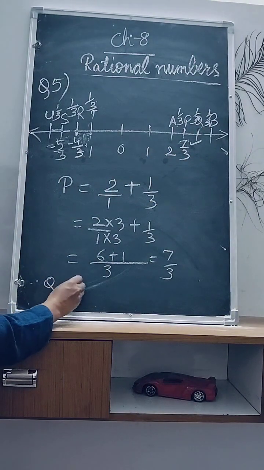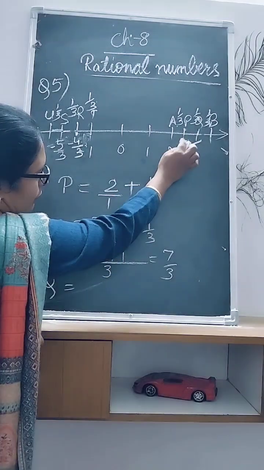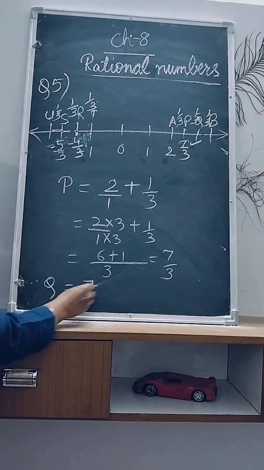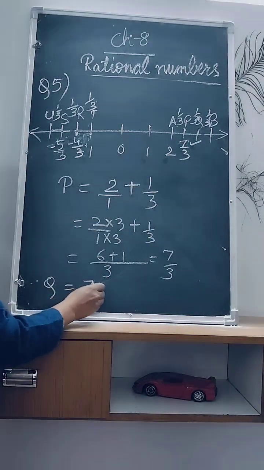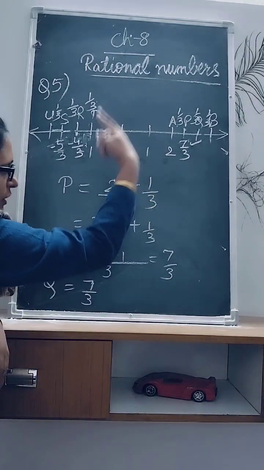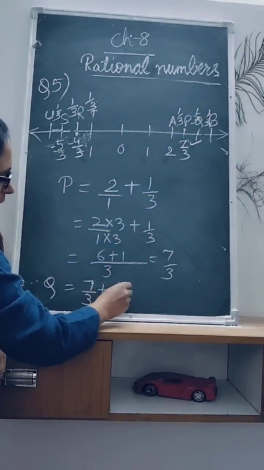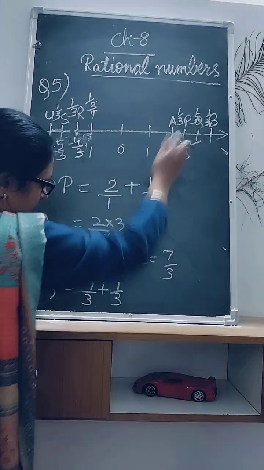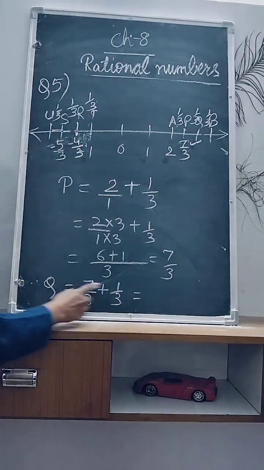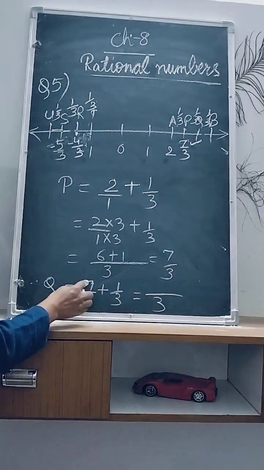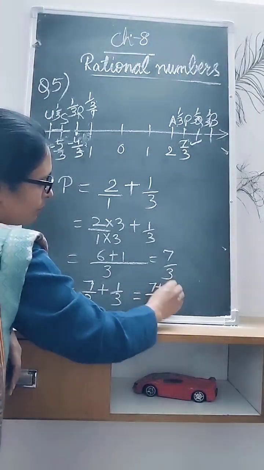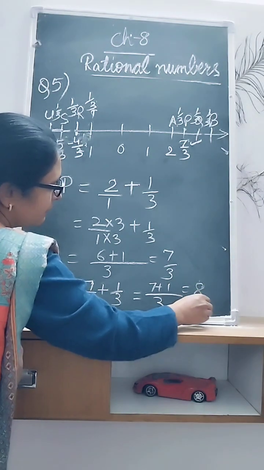Now the next rational number. We will continue with this 7 by 3. Again, because on the right side it is plus 1 by 3, each part is 1 by 3. Now the denominator is the same. 7 plus 1, what is it? 8 by 3.